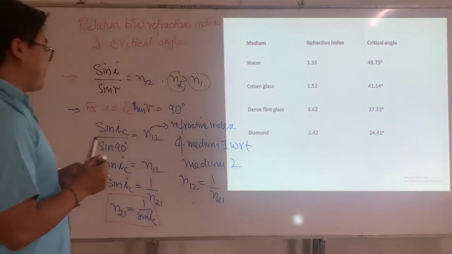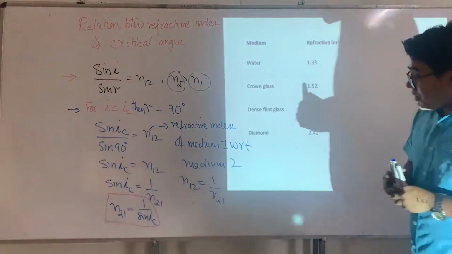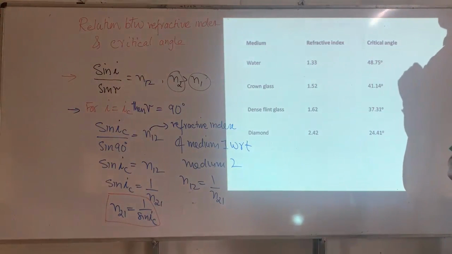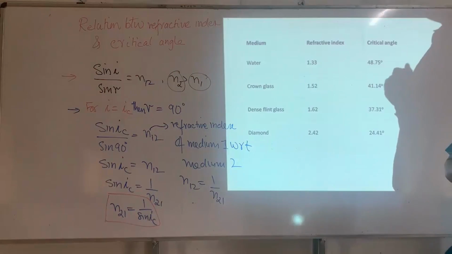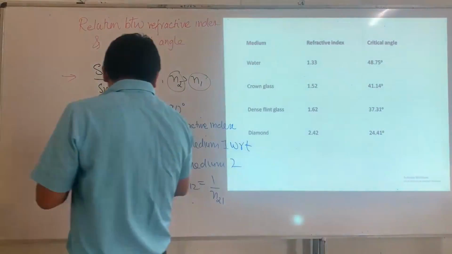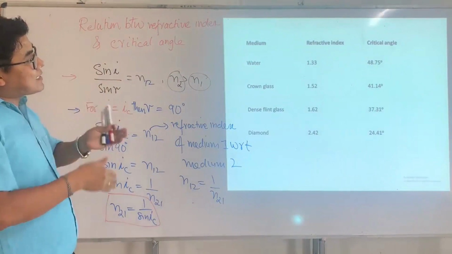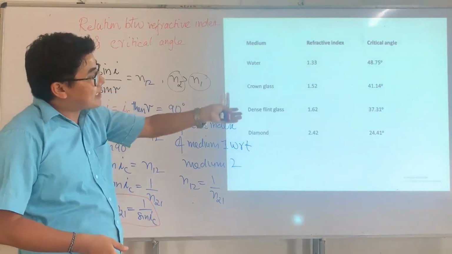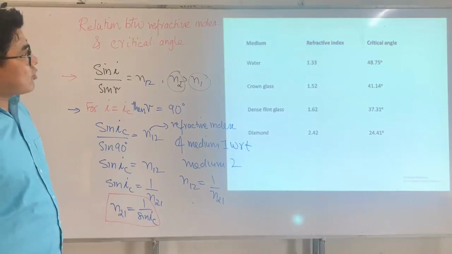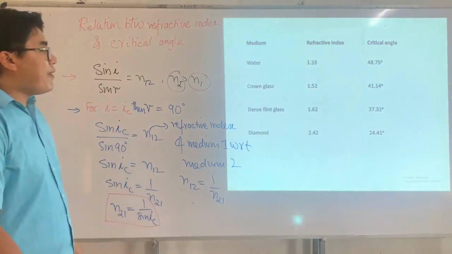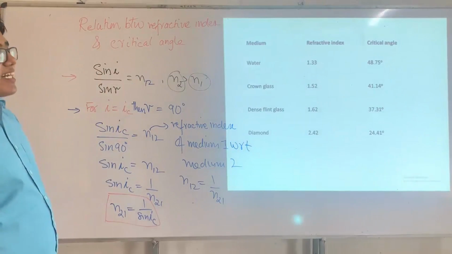Yes, this is the relation between refractive index and critical angle. Because of this relation, we find that as the refractive index increases, the critical angle has to decrease. So diamond has the highest refractive index and the least critical angle.